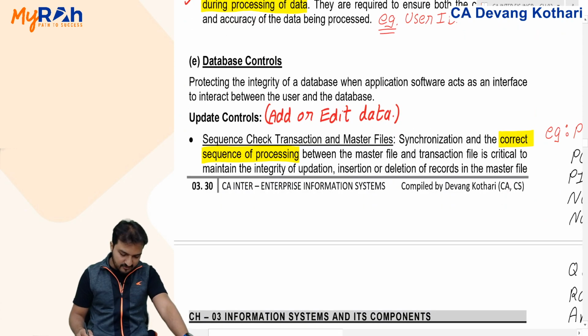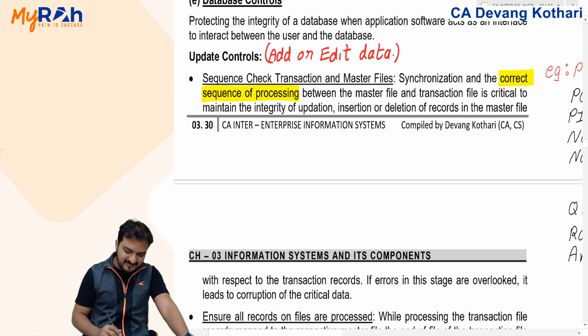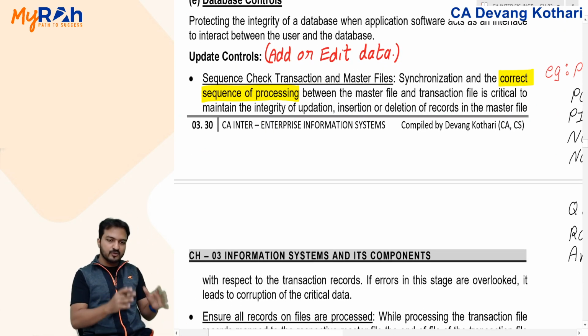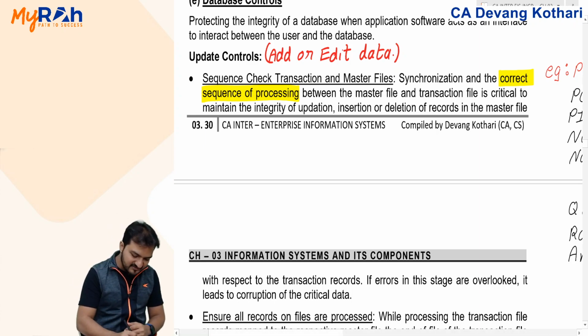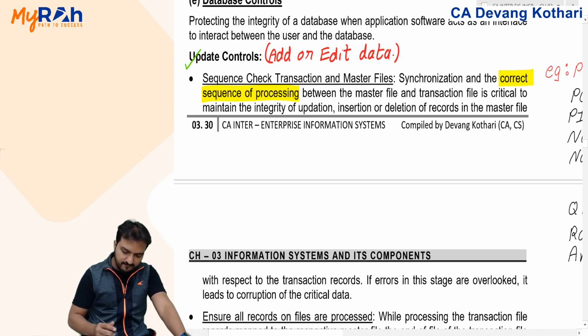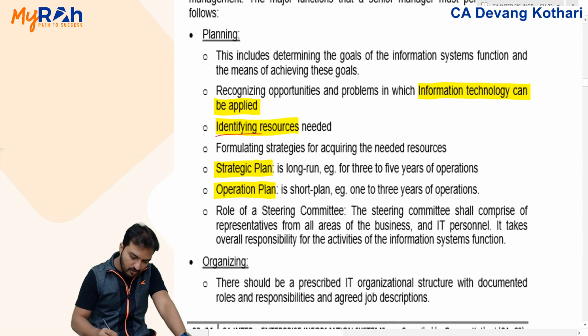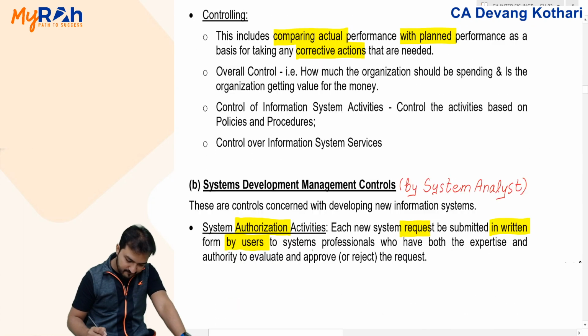Further, database controls. Database controls basically: whatever processing is done, the output will be stored in the database. Database controls have update controls.